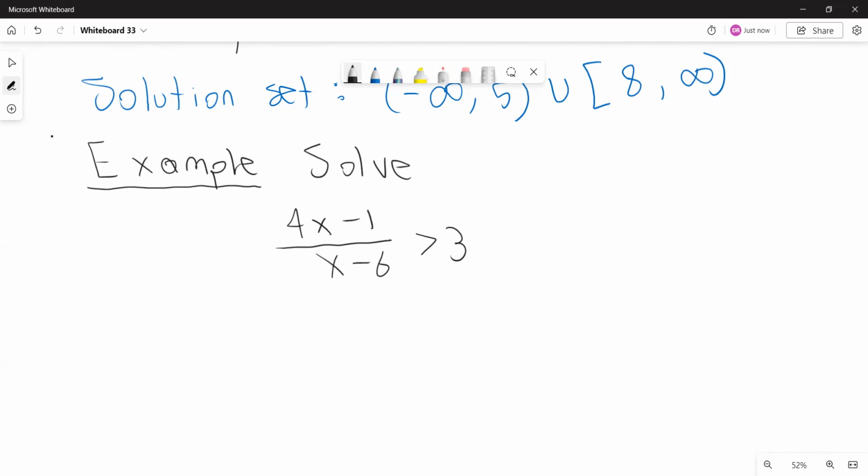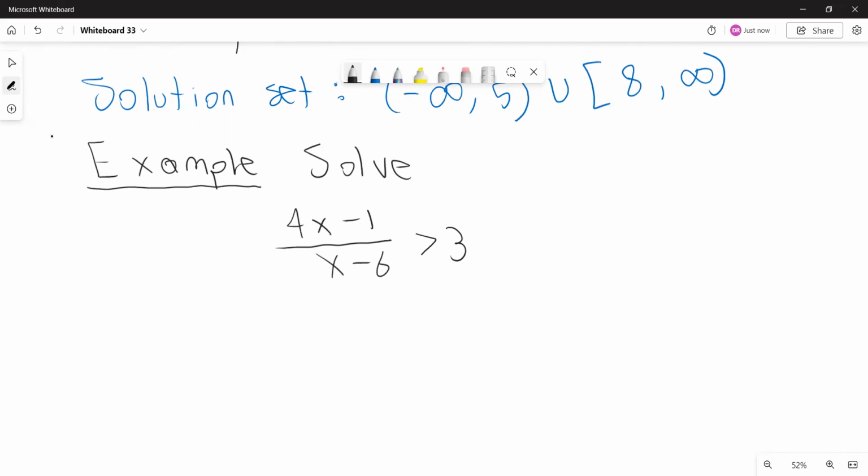Once again, we cannot bring the x minus 6 to the other side because that may be positive or negative, and that might change the sign of the inequality. It really depends on the value of x, so we cannot just multiply that.